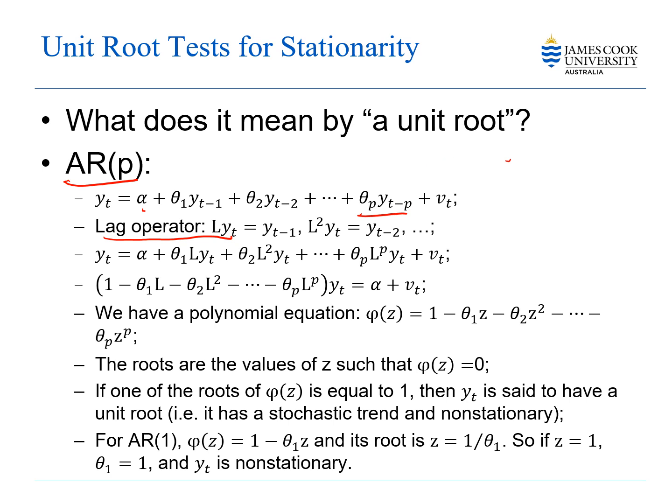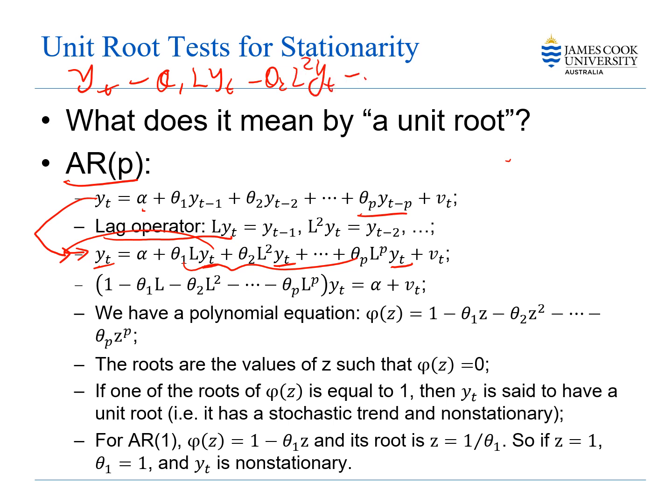So we can rewrite this AR(p) process as y_t equals alpha plus theta_1 L y_t, and so forth. Okay, so now we have y_t common terms here, so we can move all these terms to the other side. We get y_t minus theta_1 L y_t minus theta_2 L^2 y_t minus theta_p L^p y_t.